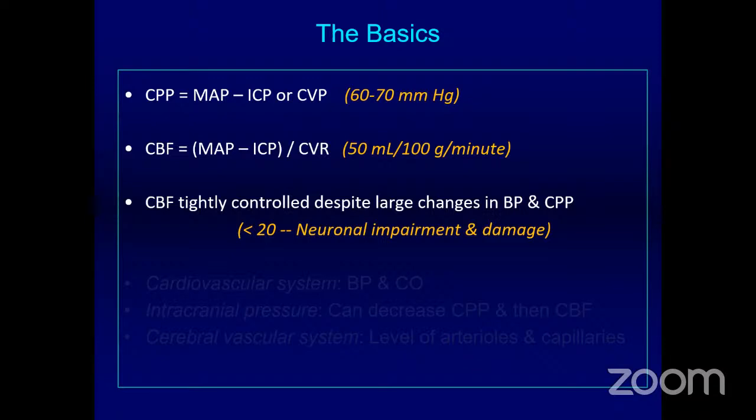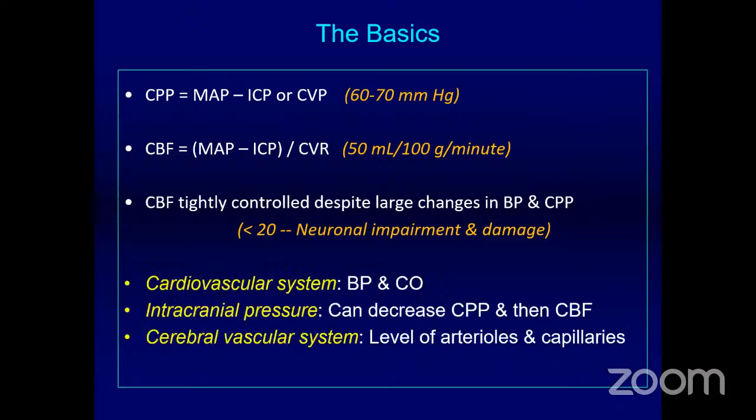If the cerebral blood flow goes as low as 20, we know that neurological impairment and damage will begin to happen. There are a lot of parameters it depends on. It is the cardiovascular system, the blood pressure and the cardiac output, which also decide the cerebral blood flow.